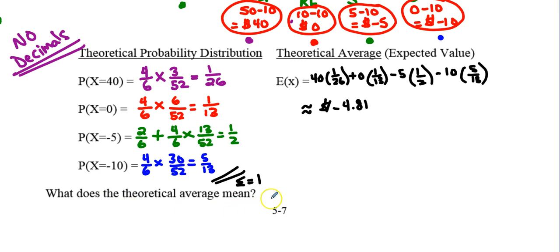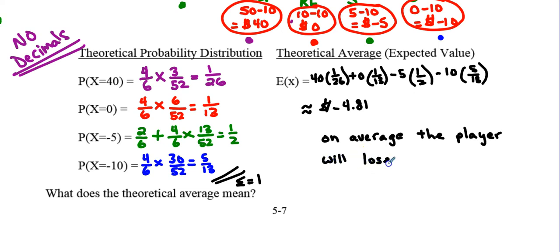So what does the theoretical average mean? On average, this time, the player will lose approximately $4.81 per play.